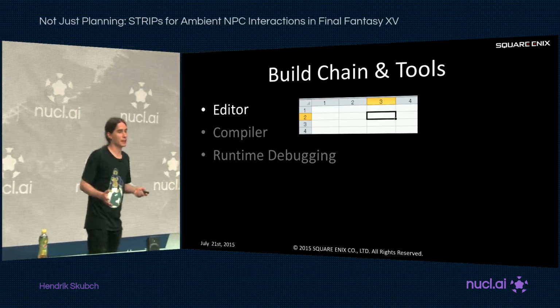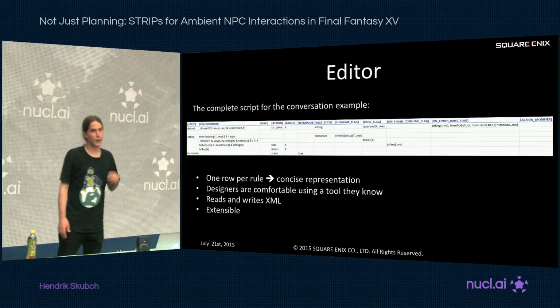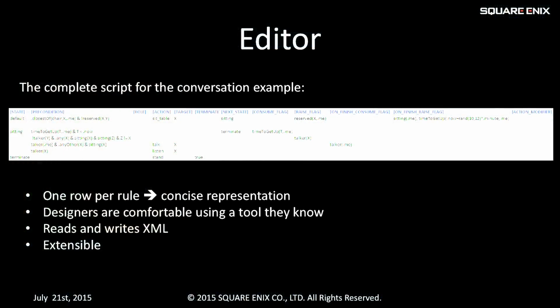They're comfortable in it. And if we look at the example conversation that I initially showed you, those 4 rules, plus an additional rule to terminate things, this would be the corresponding representation with one row per rule. And actually kind of compact, kind of nice.